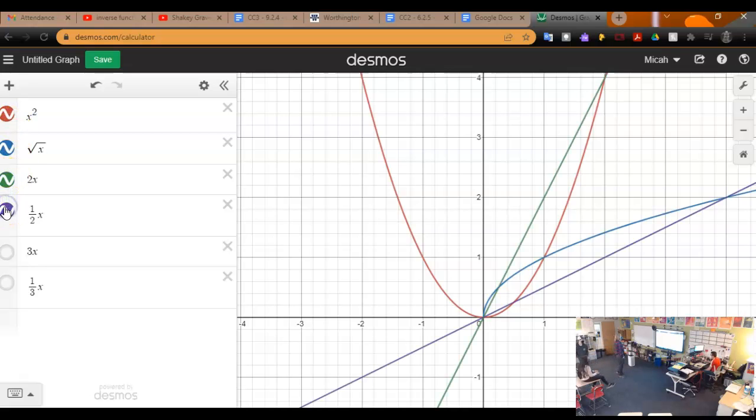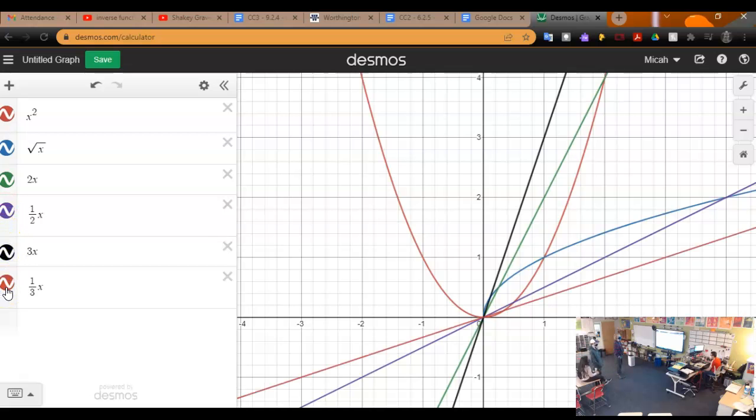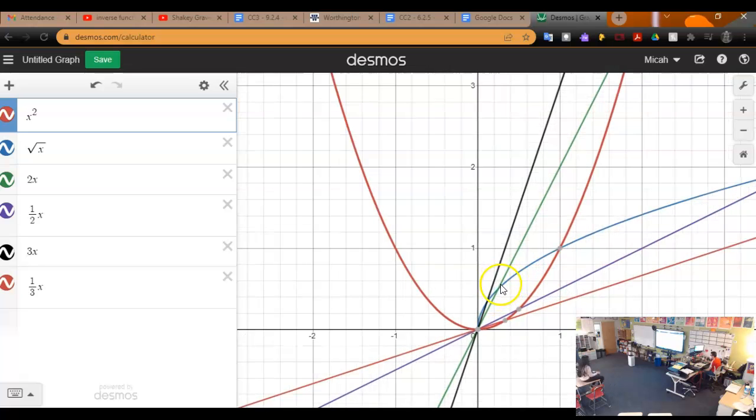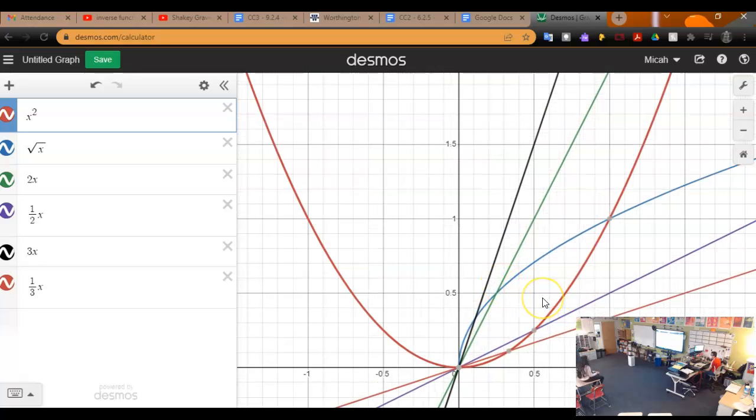Well, that's because all of them have the origin. They all meet at 0, because they have no added constant. I'm just trying to say these do meet at 1, 1, but then they kind of trade places, right? The blue line was on top, and then it goes like this.